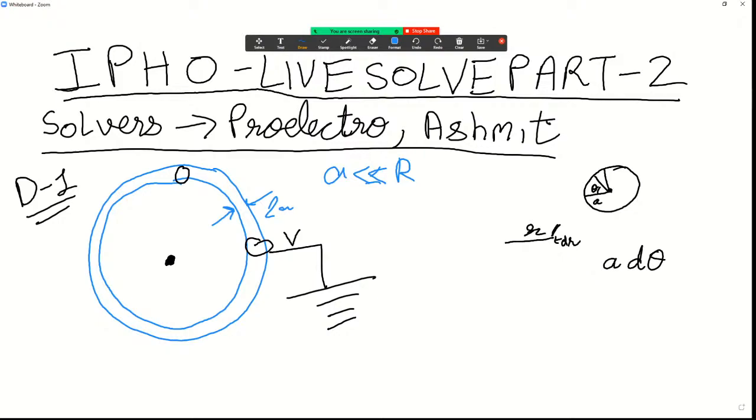So the total charge would be sigma A d theta into this area, which is 2 pi (r plus A), A, no, A minus A cos theta.